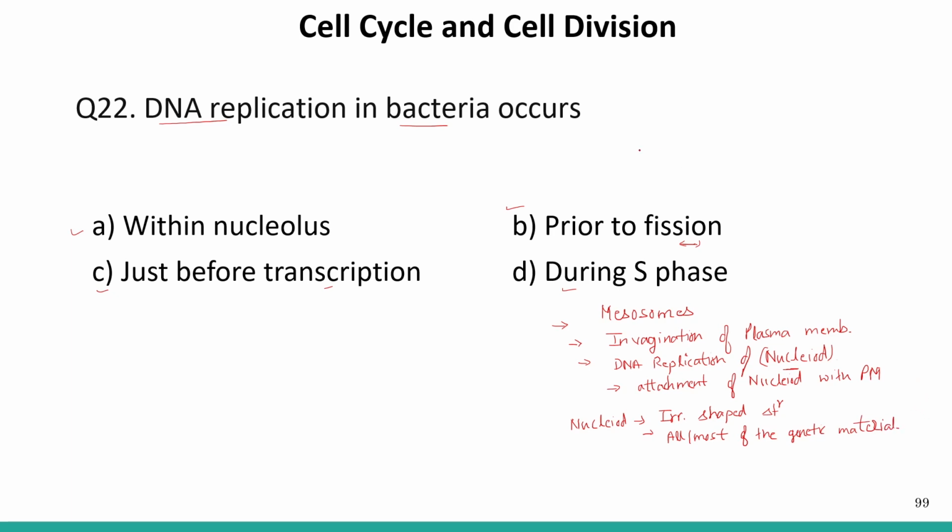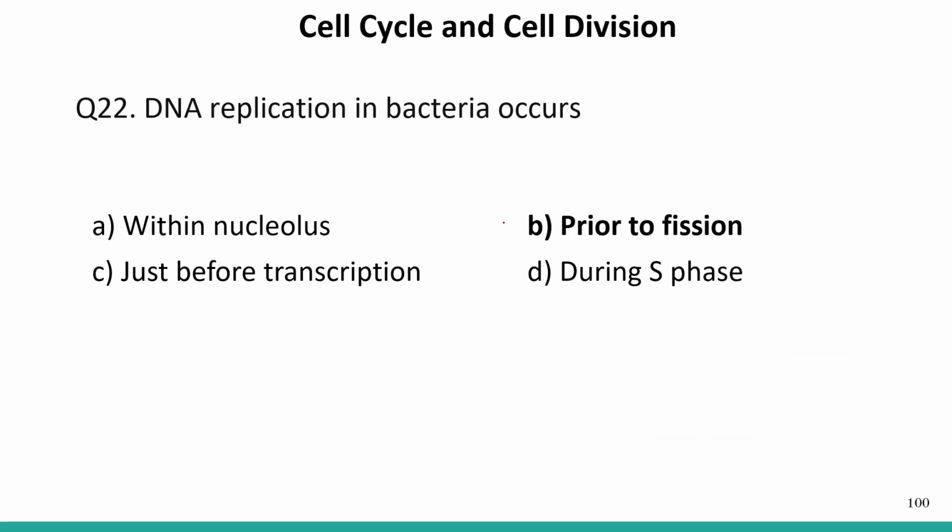So what should be the answer? Answer is option B. DNA replication in bacteria takes place prior to fission with the help of mesosomes. So answer is option B.